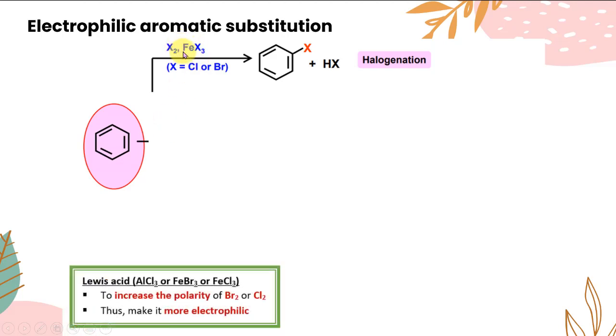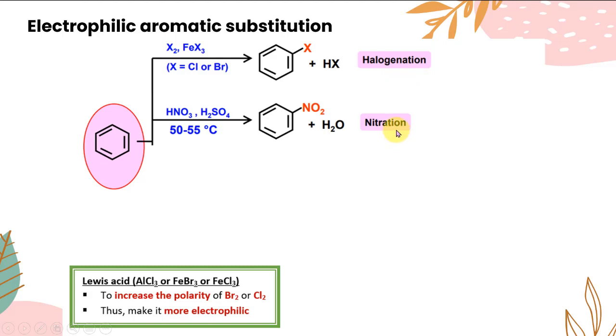You can also use AlCl3. The function of this Lewis acid is to increase the polarity of the electrophile, Br2 or Cl2, thus making it more electrophilic. When the substitution occurs, one of the hydrogens in the benzene will be substituted with the halogen. So this is a halogenation reaction.